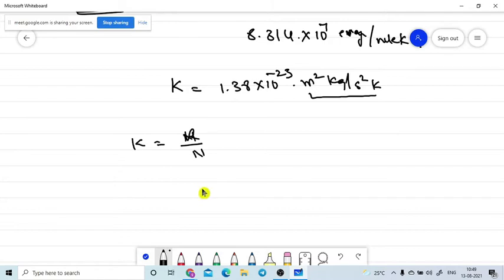Let me start from a place to justify these units.